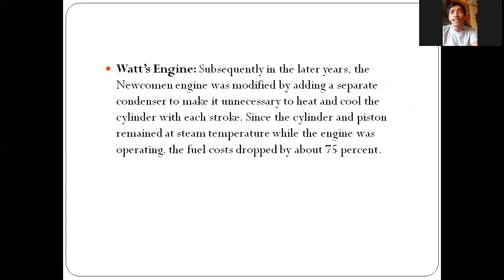Subsequently, in later years, the new common engine was modified by adding a separate condenser to make it unnecessary to heat and cool the cylinder. Since the cylinder and piston remained at steam temperature while the engine was operating, the fuel cost dropped by about 75%.